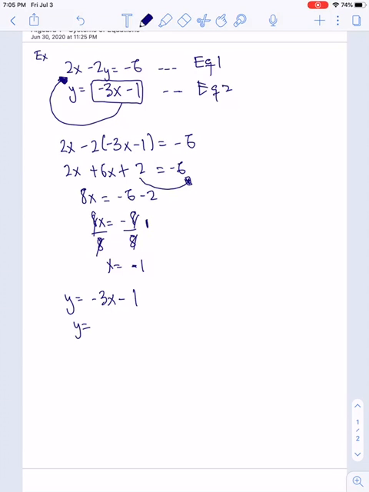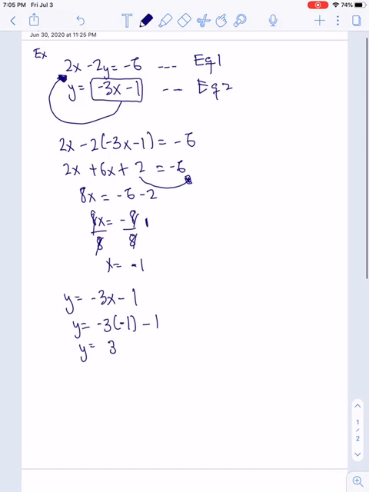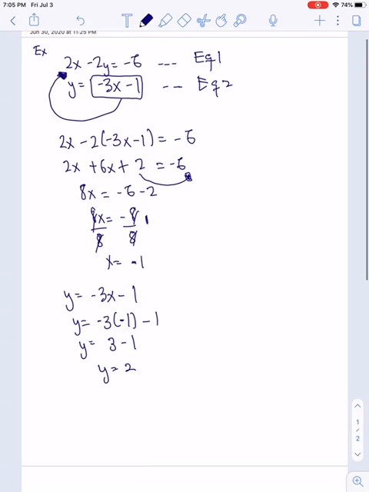Y equals negative 3, open parentheses, negative 1, close parentheses, minus 1. And breaking this down further, negative 3 times negative 1 will be a positive 3, minus 1. Y will be positive 2. So our final answers will be x equals negative 1 and y equals positive 2.